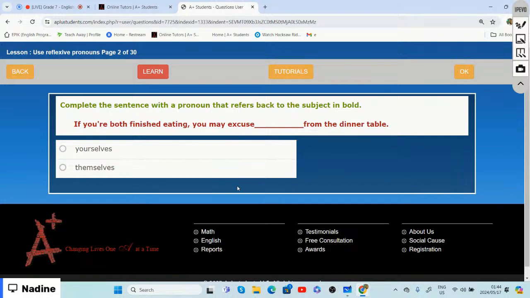If you're both finished eating, you may excuse. Do we say you may excuse yourselves or you may excuse themselves from the dinner table?